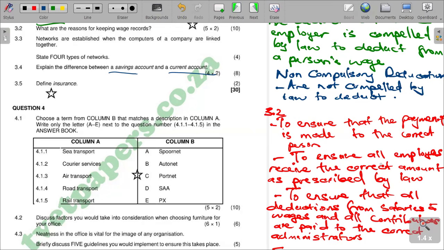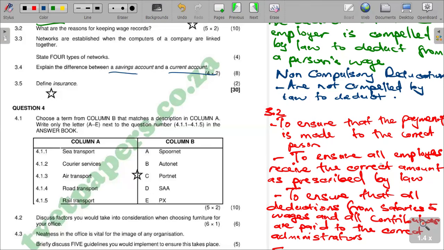Define insurance. Insurance is a contract where the insurer promises, against the payment of a premium, to reimburse any damage suffered by the insured as a result of a specific incident.